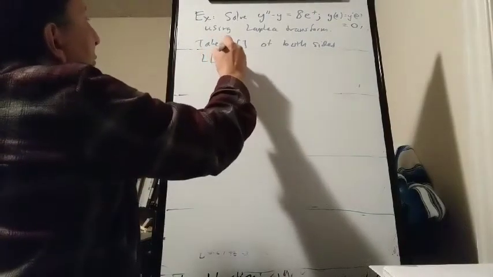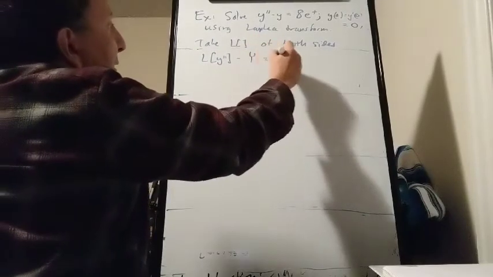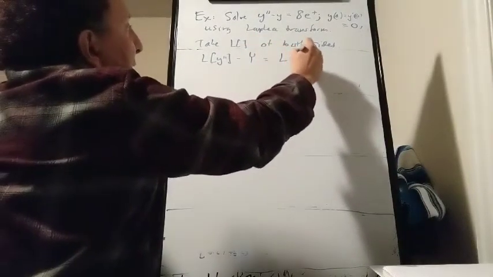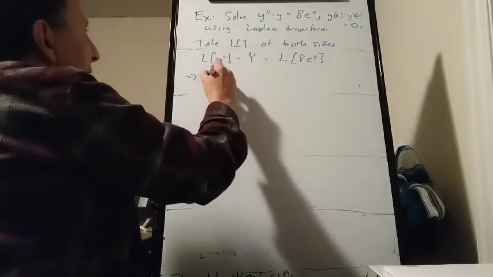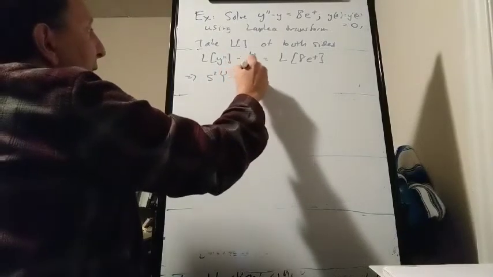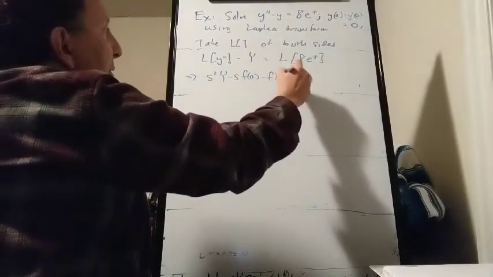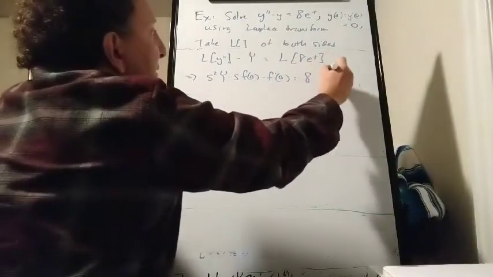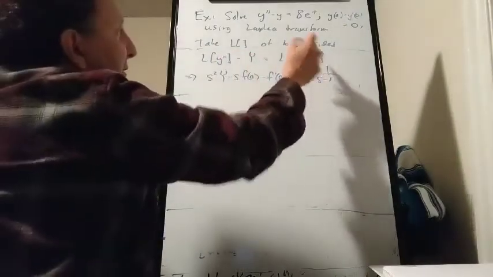So L of y double prime minus capital Y equals L of 8 e to the t. So that means that s squared Y minus s f of 0 minus f prime of 0 equals 8 times 1 over s minus 1, because this is e to the 1t.